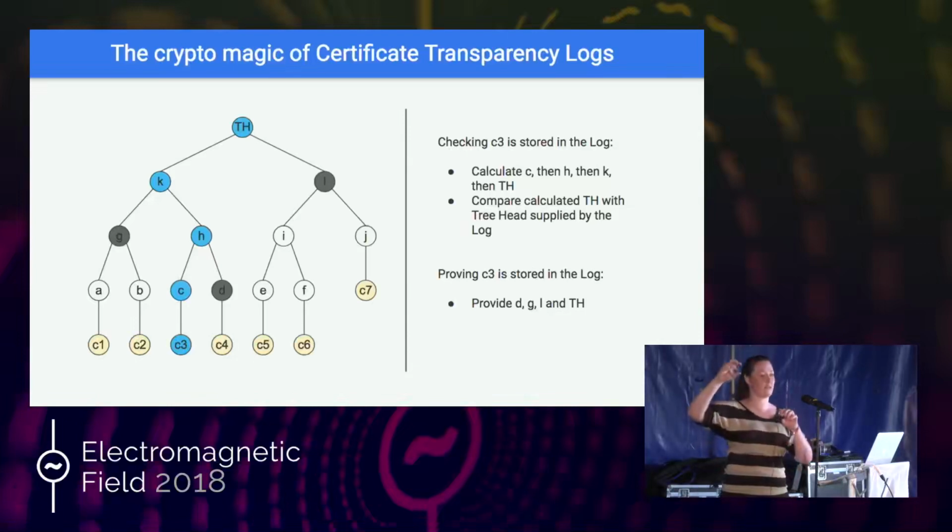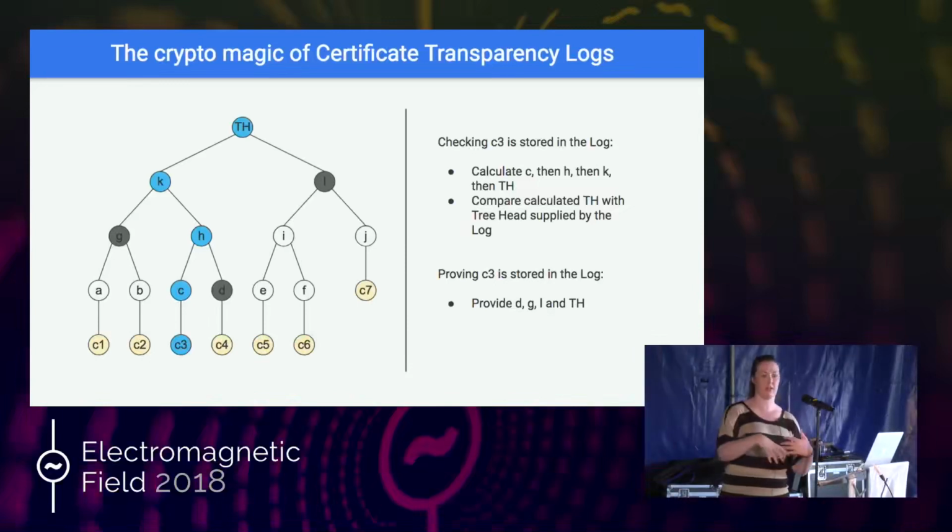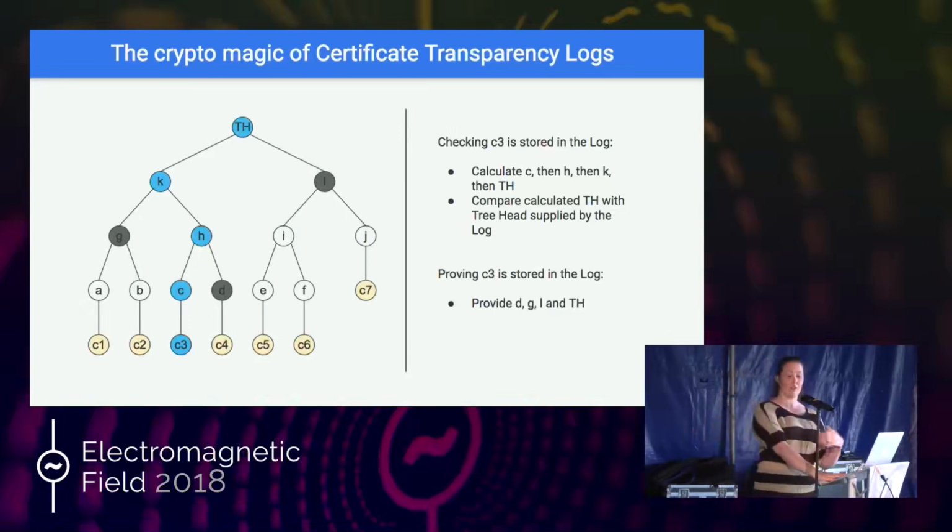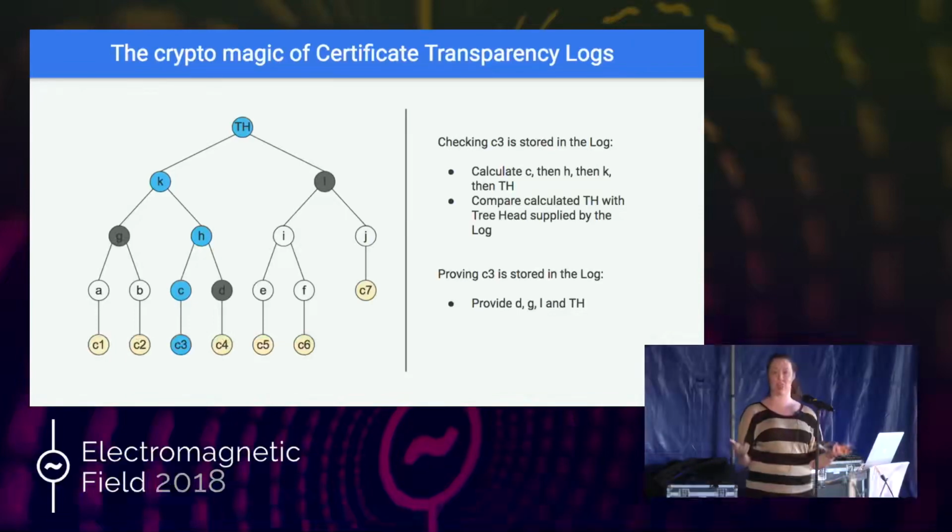And what I mean by consistent is that the larger of the 2 tree heads was obtained only by adding certificates to the previous tree head. So I mentioned CT logs are meant to be append only. This is how you can check it, given 2 tree heads with associated tree sizes. And those 2 proof techniques are actually all you need to be able to check that a certificate transparency log is behaving correctly.